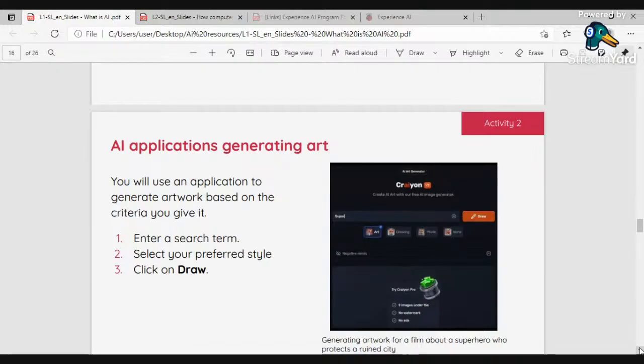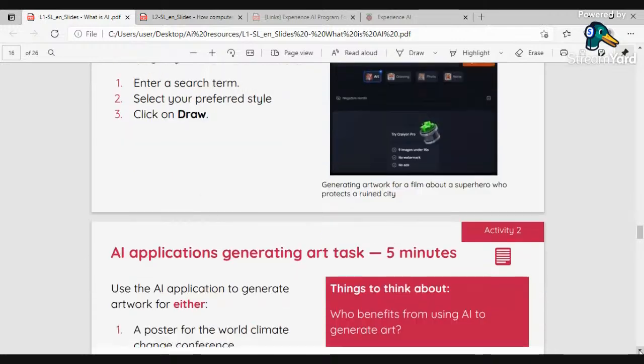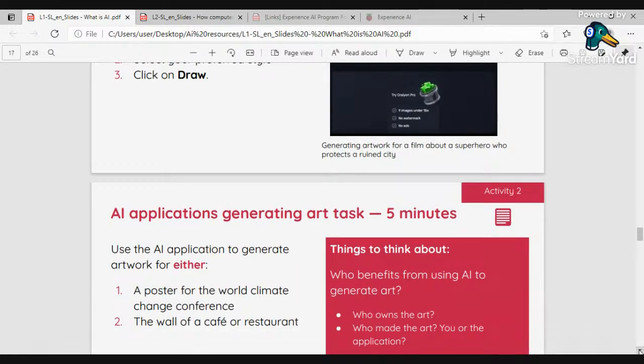If they have access to the internet, you can make them go to the link and try to generate an image. So when we talk about generative AI, it's basically an AI application that can generate images, produce sound, and also generate text.